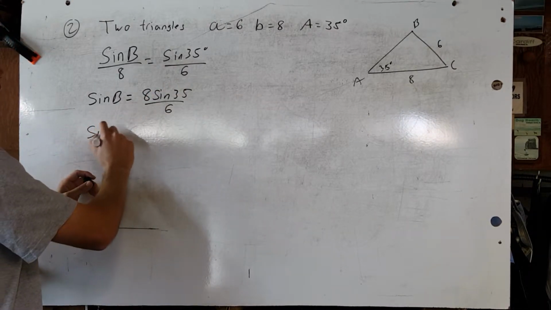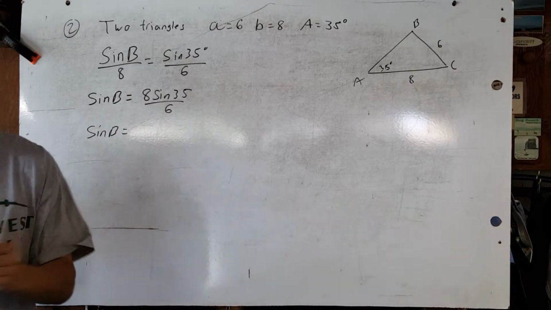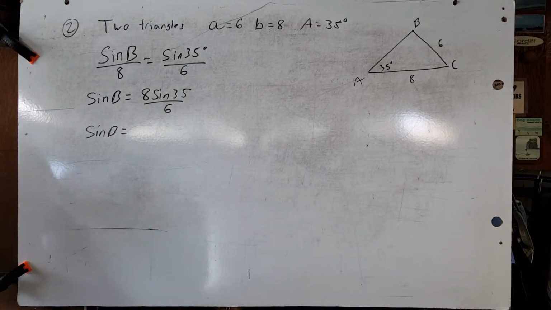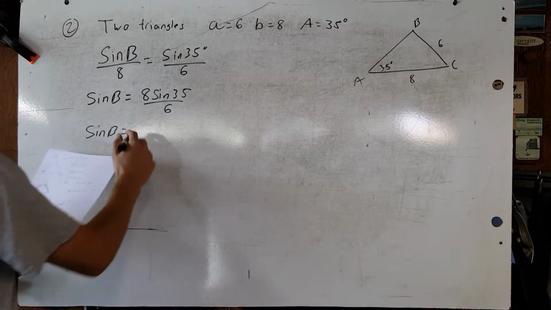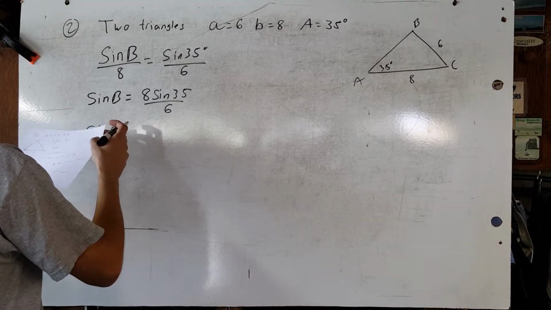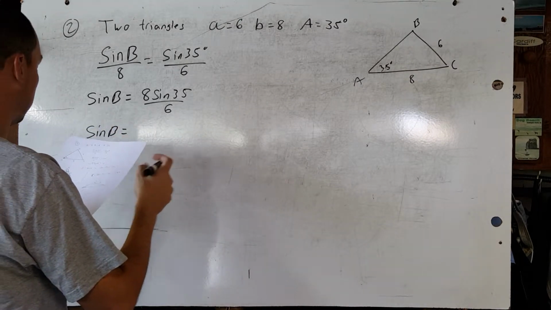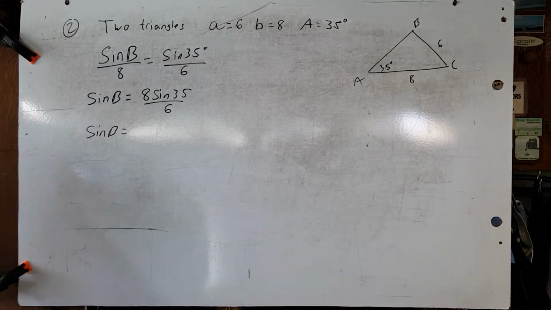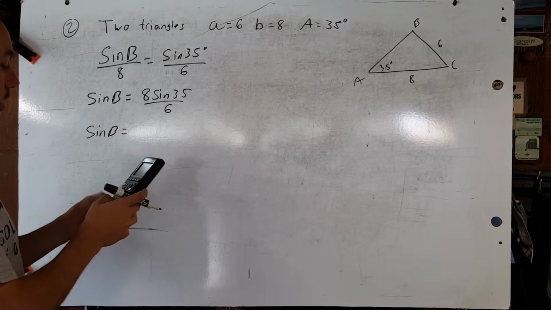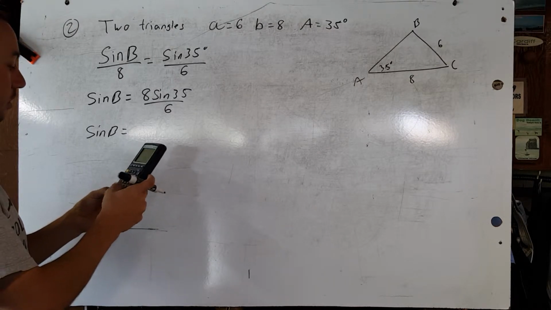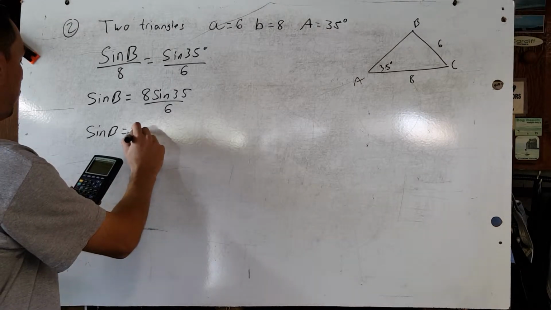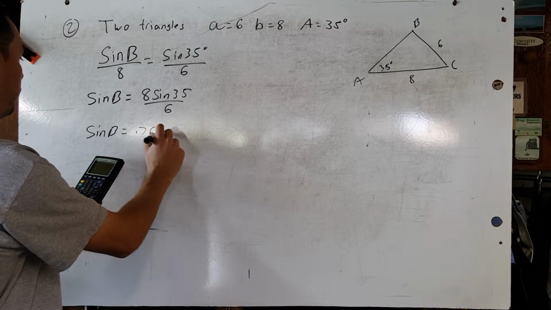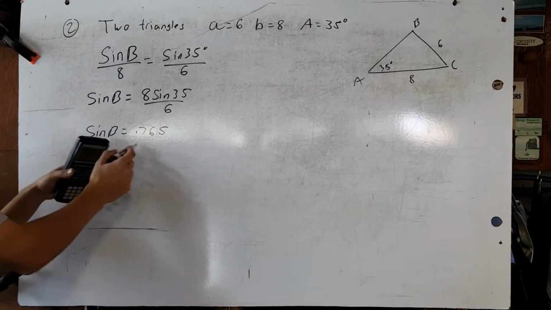Calculator here, the sine of B is equal to 8 sine 35 divided by 6, about 0.765. So sine of B is equal to that.